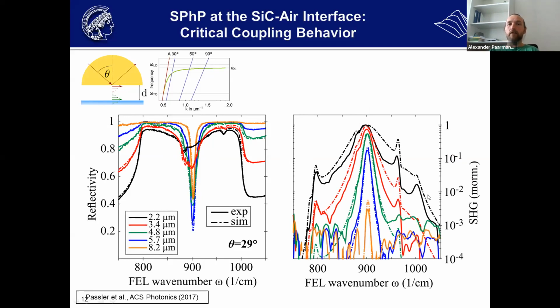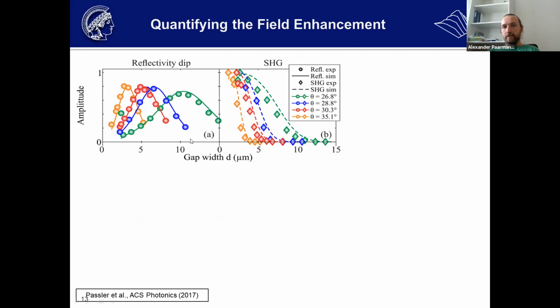However, here now the behavior of the amplitude is different. So we were expecting that the blue curve should be the strongest, because that's the critical coupling, where we have the most energy in the polariton, so we should get the most SHG out. However, it didn't look like this. We did this systematically at different incidence angles, so at different points in the dispersion.